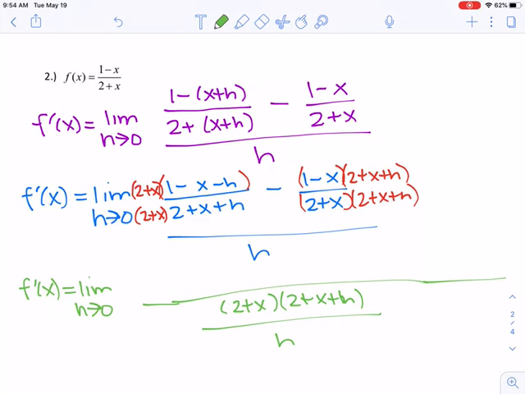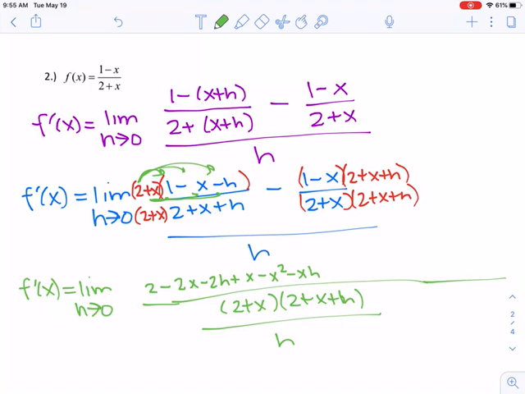So now, in my first fraction, I need to distribute the 2, and then I need to distribute the x. So that's going to give me a 2 minus 2x minus 2h when I distribute the 2. Now let's distribute the x. That's going to give me an x minus x squared minus xh.